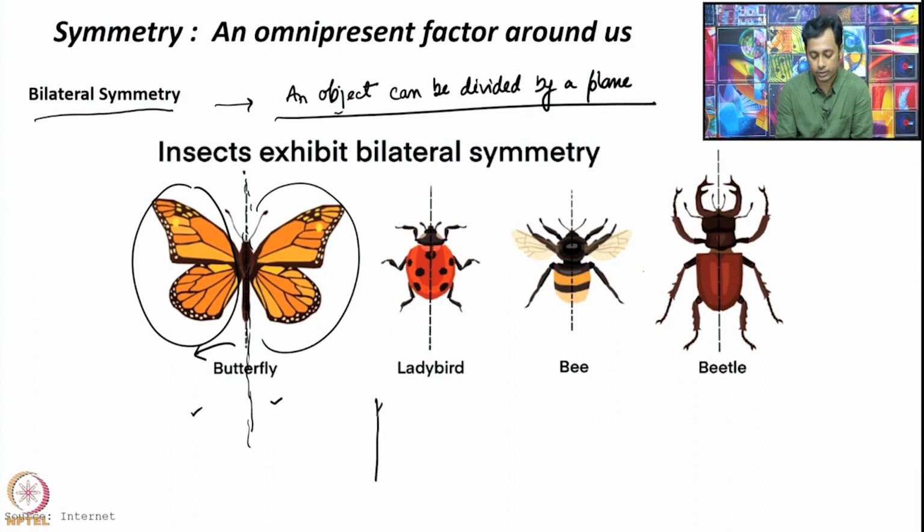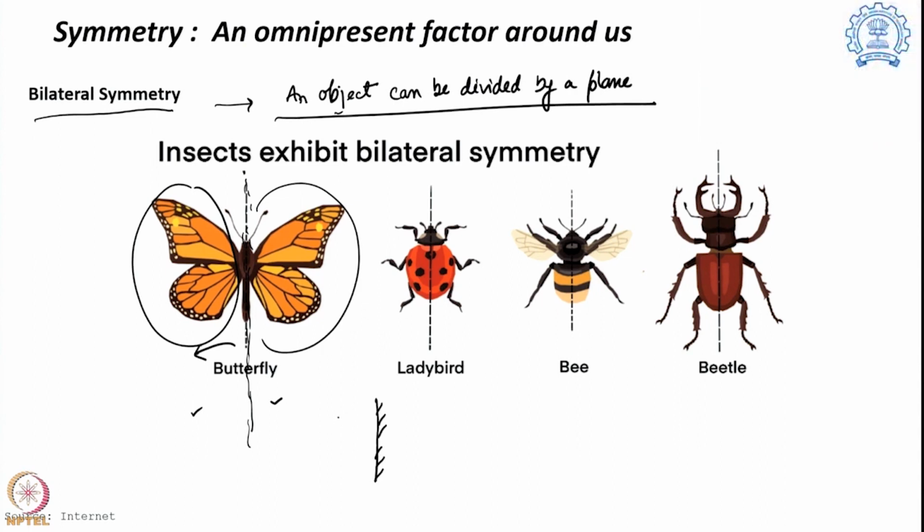As we typically draw, there is a mirror image over here. So, if I am drawing something over here, say like P, that will be mirror imaged on the other side. That is known as bilateral symmetry. Then we look into this ladybird, again very similar to the butterfly.